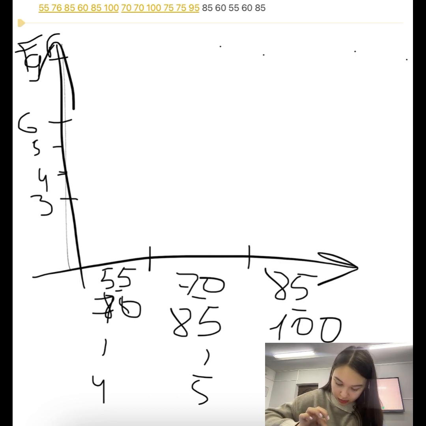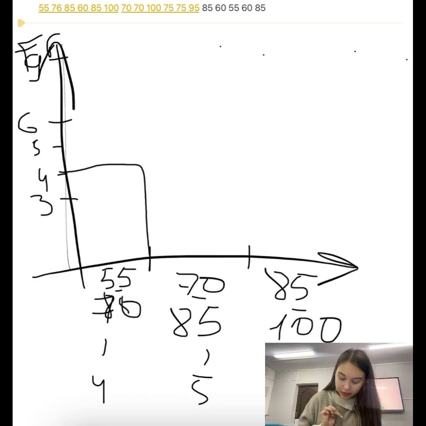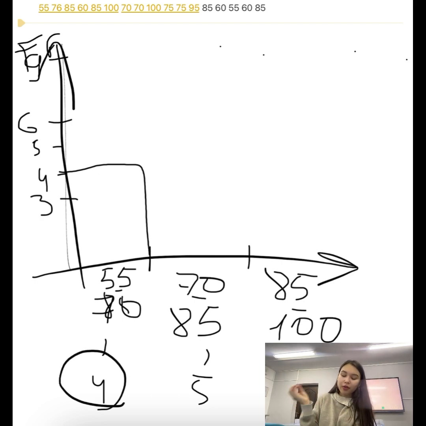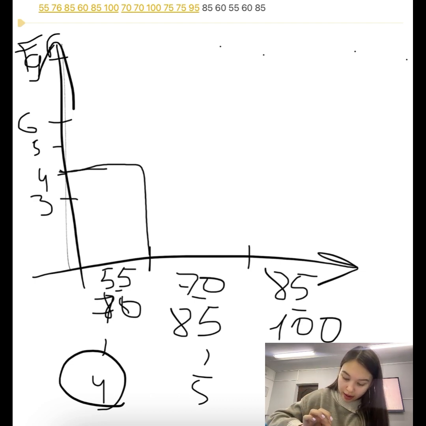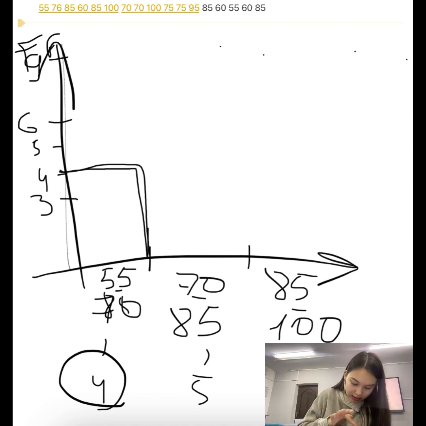This will be like this, because the interval from 55 to 70 is distributed 4 times, so we will have this to this place. And let's draw it.